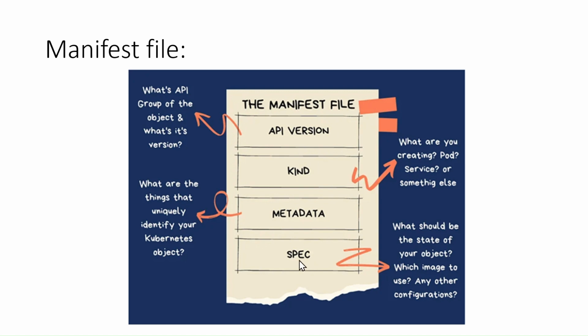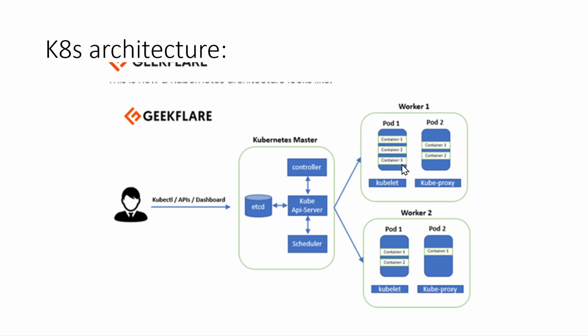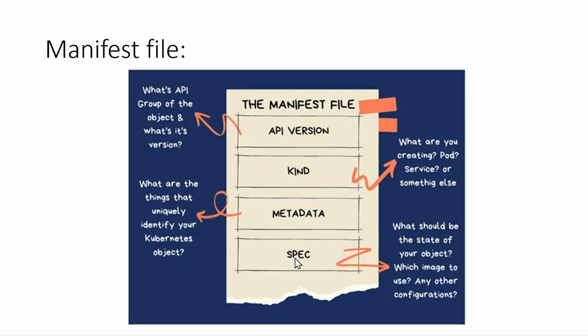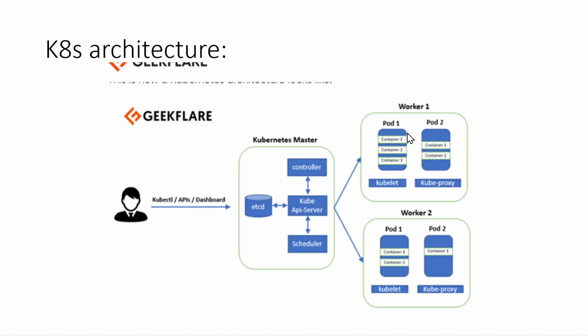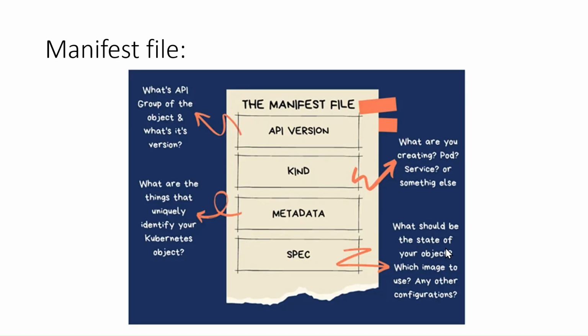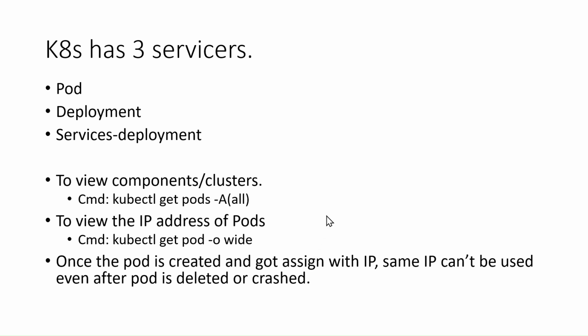The first three things, API version, kind and metadata, define the pod, and the specification defines the container details: what the state of the object should be, which image to be used, and any other configuration. We will see all of this in one example file.